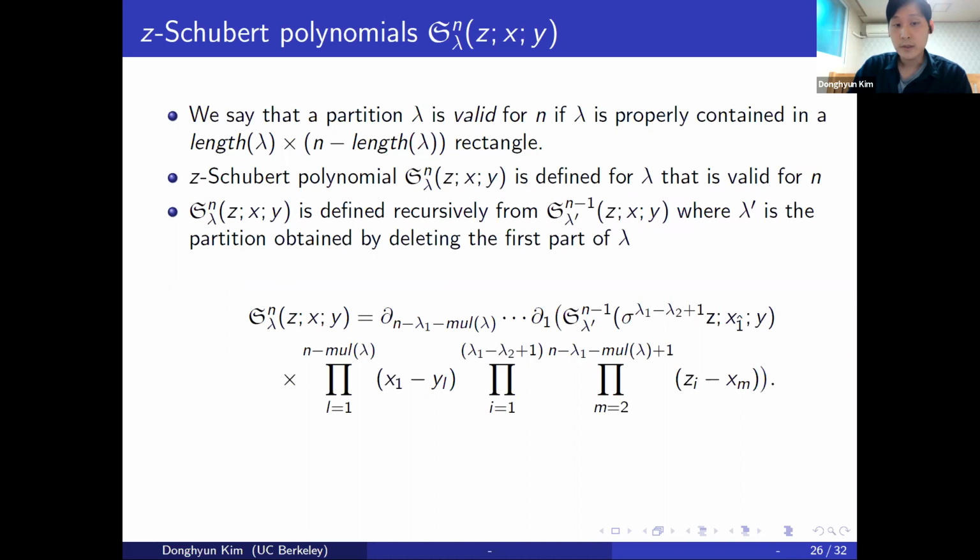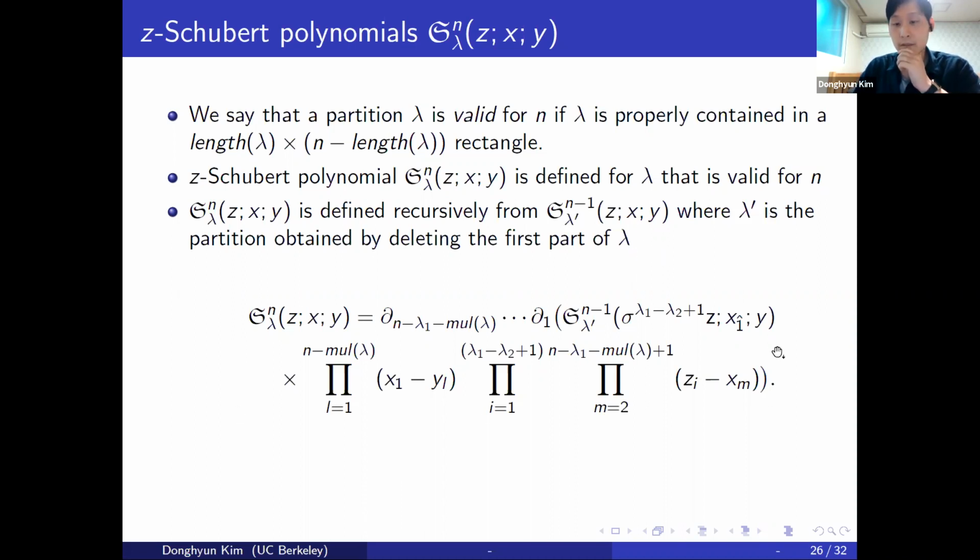Then Z Schubert polynomial is defined recursively from S_{n-1} of lambda prime, where lambda prime is the partition obtained by deleting the first part of lambda. So if lambda has only one part, then lambda prime is an empty partition. Then we regard this as 1.